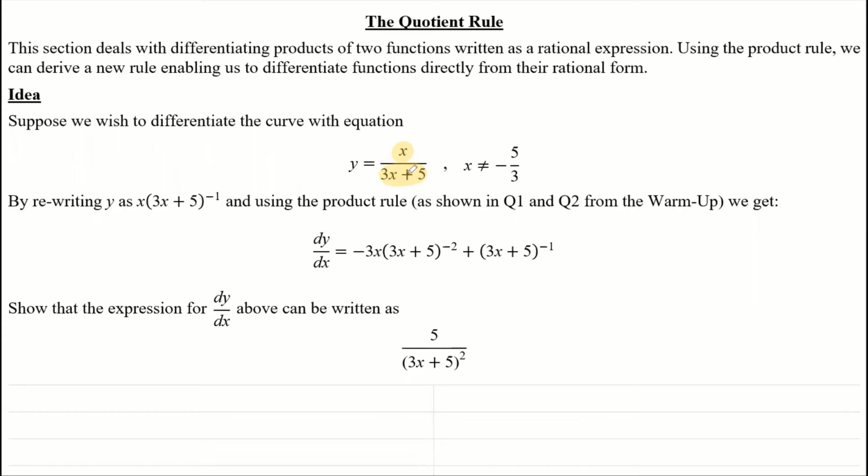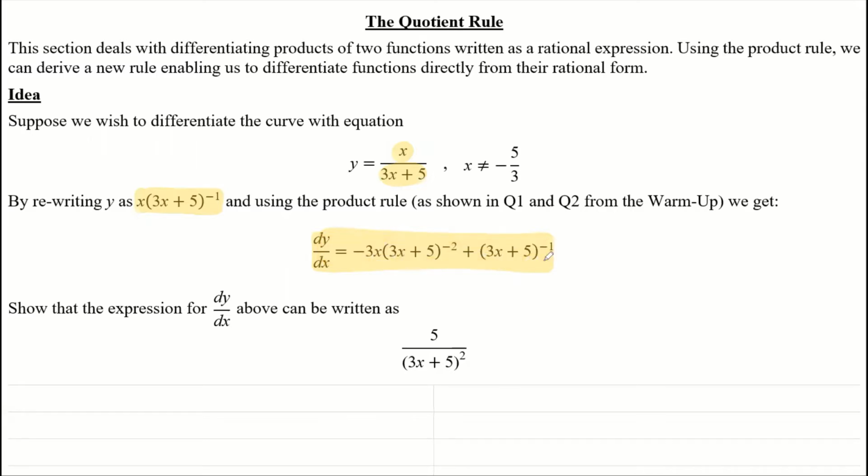And in question 2, you're asked to differentiate this, but it was written in that form, which requires us to use the chain rule and the product rule together. And when we differentiated that function, we got this, okay?